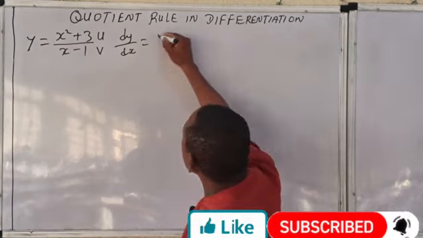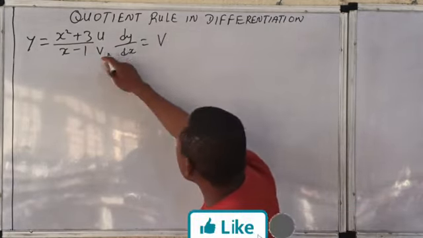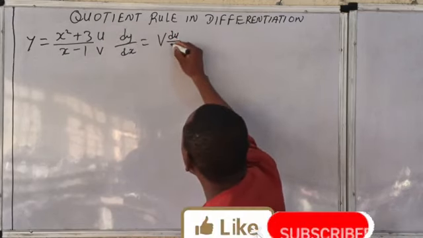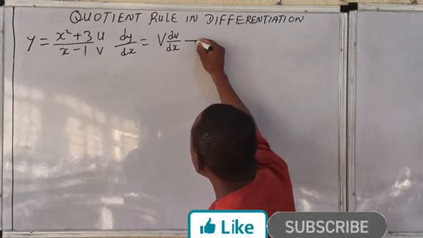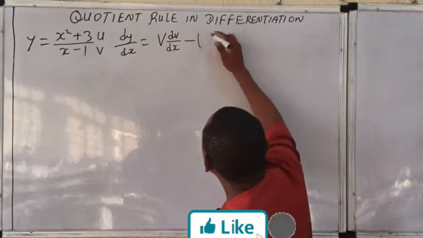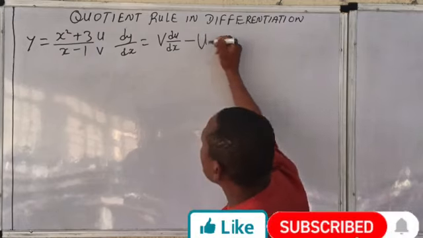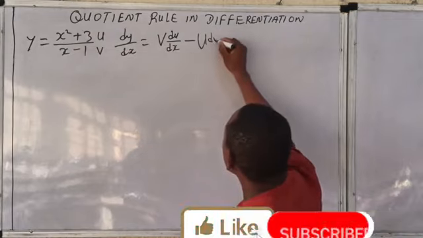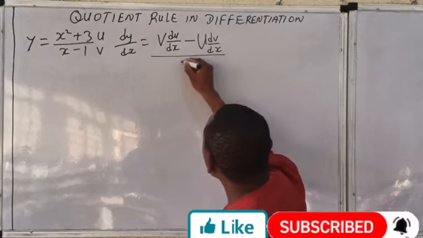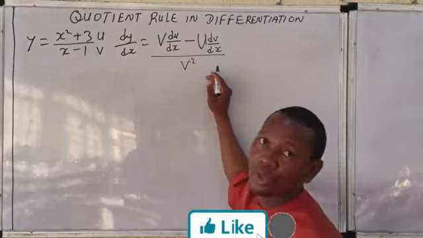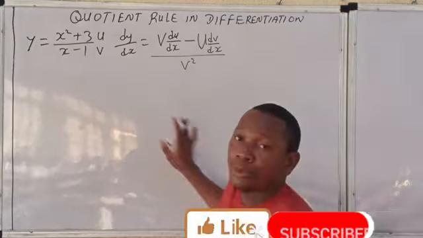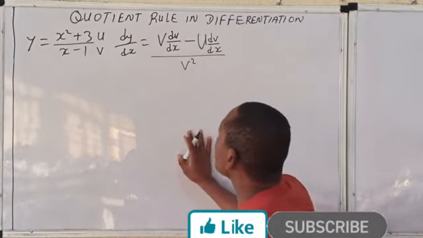So put v, pick this, du/dx, you differentiate the numerator, minus, you pick the u, and you differentiate dv/dx, all over v squared. This is just the simple way to do that. So let's apply this simple formula to solve this. You realize that it's very simple.